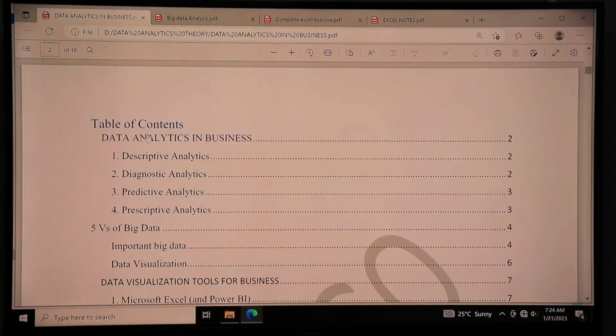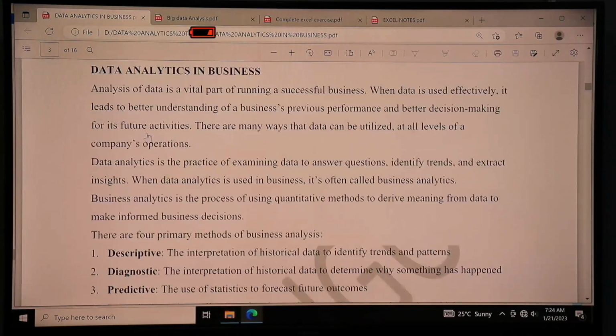In our last lesson, we discussed the introduction to data analytics, and we went through the first few concepts about data and business data analytics.